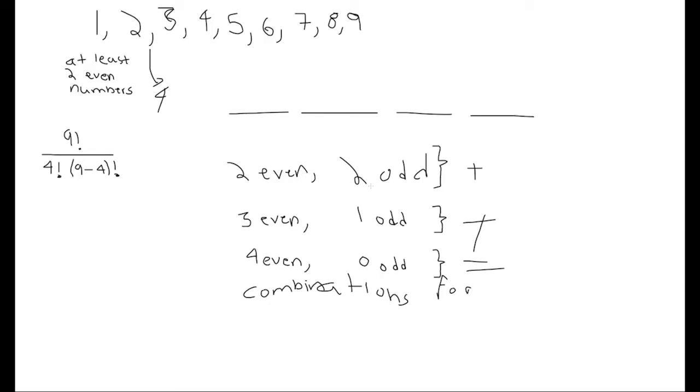We calculated the number of combinations for each of those scenarios, and then we added them together. We would get the total number of combinations for at least 2 even numbers.